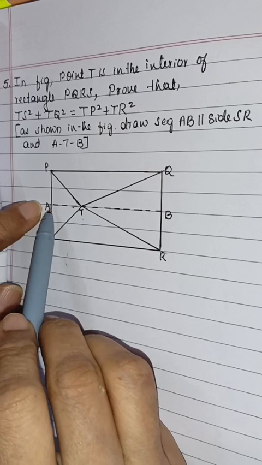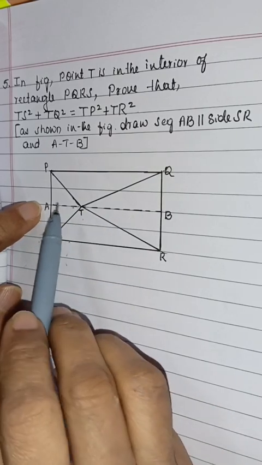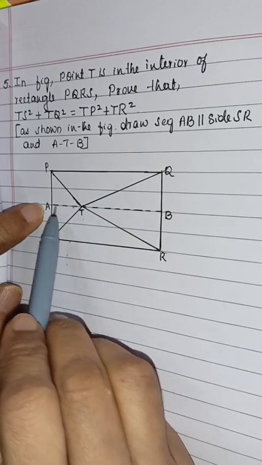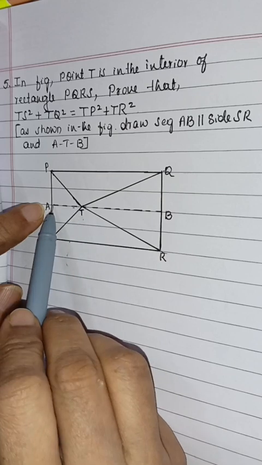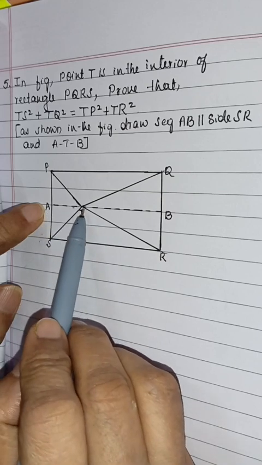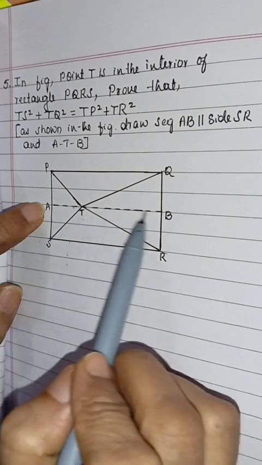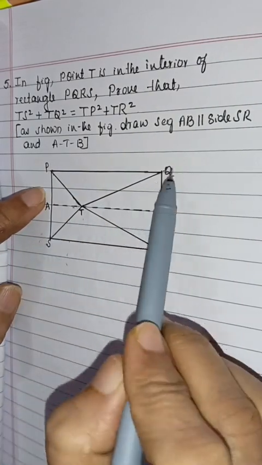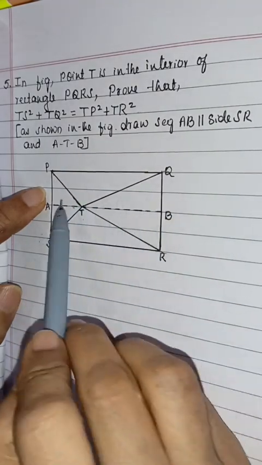This is a construction, already given. Construct through T a line, draw a line parallel to SR, that is AB parallel to SR. PS is parallel to QR because they are opposite sides of a rectangle.